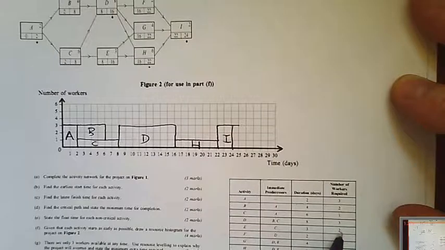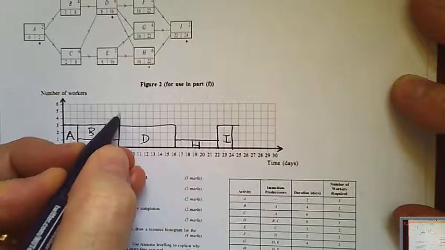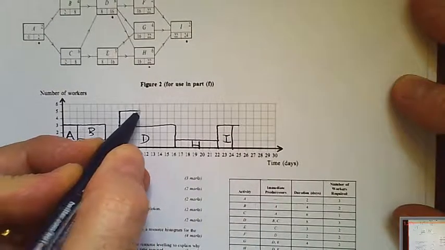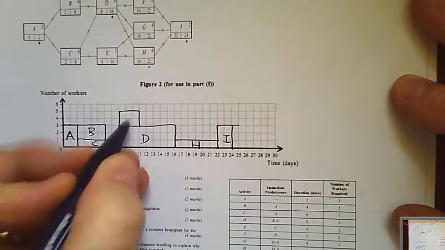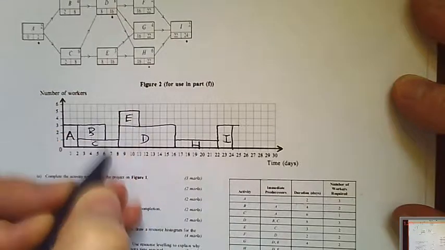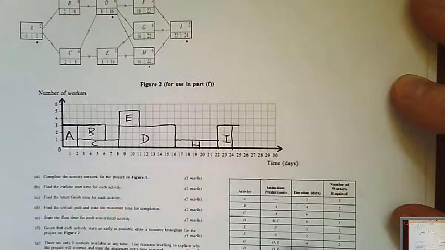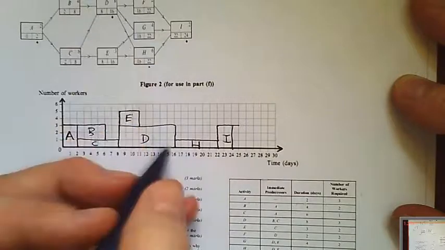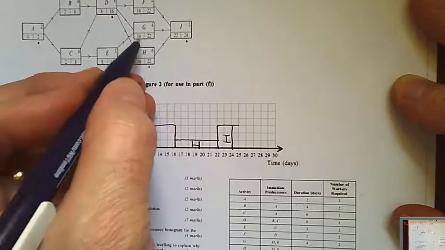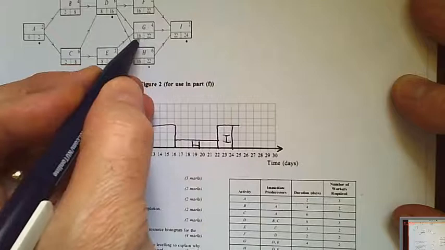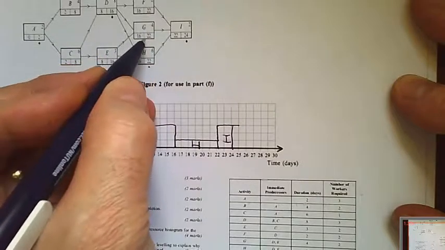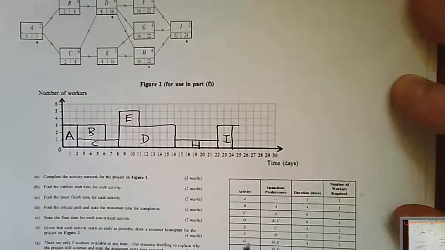So E, again 2 workers, and finishes at 11. F will start at 16, requires 2 workers, but only takes 2 days. G will start at 16, takes 4 days, and requires 2 workers as well.